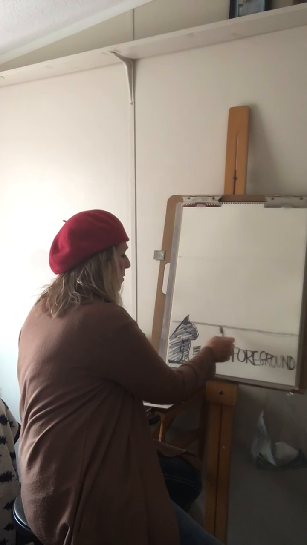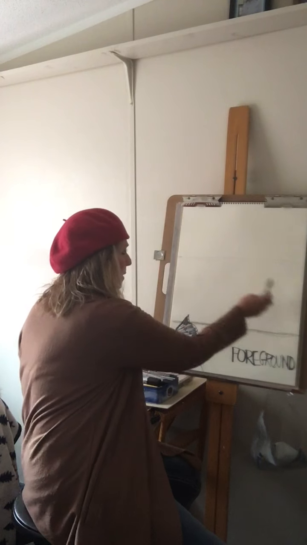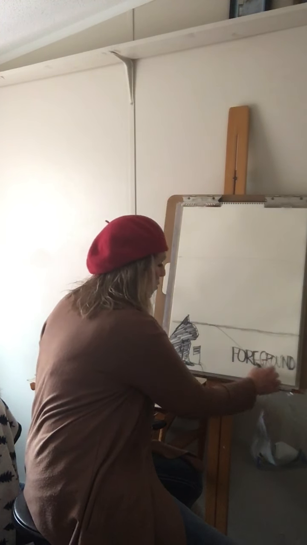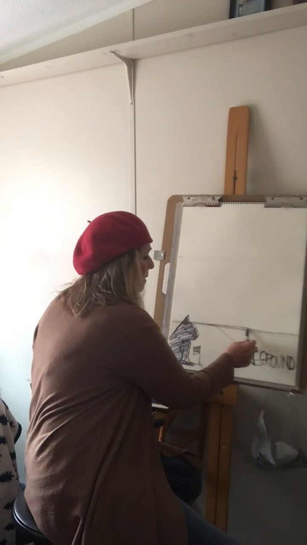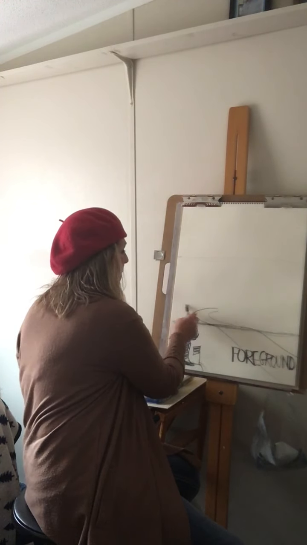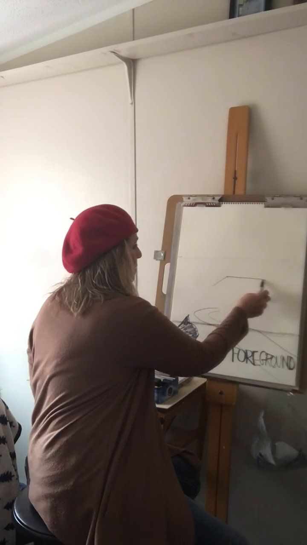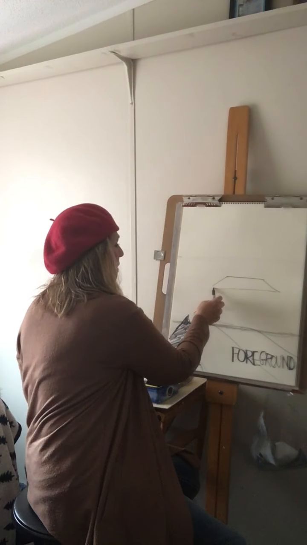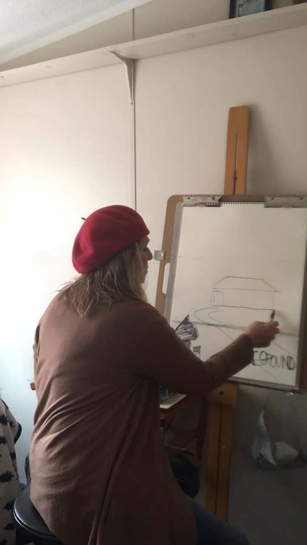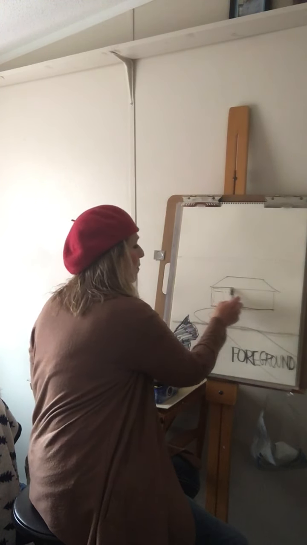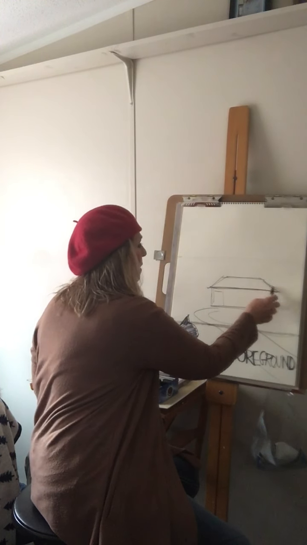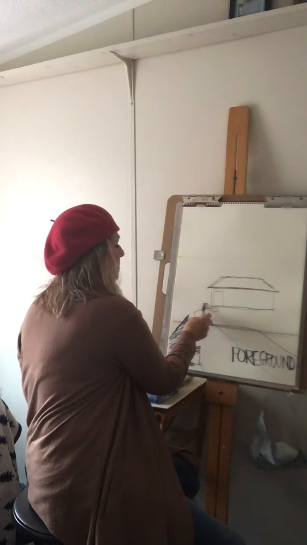And so this is the middle ground. In the middle ground, maybe here's a driveway. I'm going to put somebody's driveway, and then the driveway goes back to the house that's sitting in the middle ground. That house is just a basic shape of a rectangle, and then a parallelogram up top.